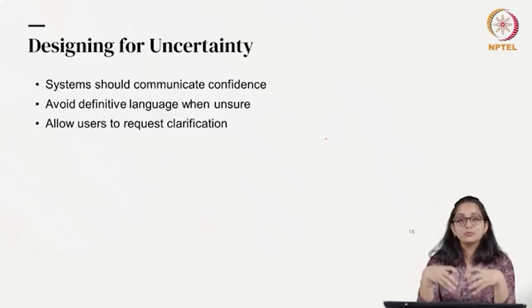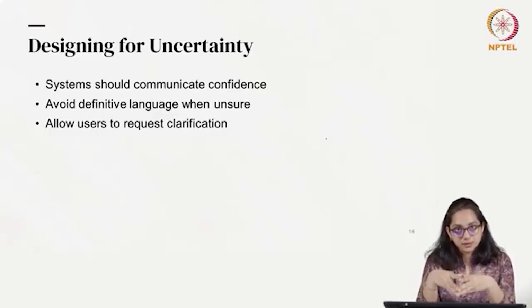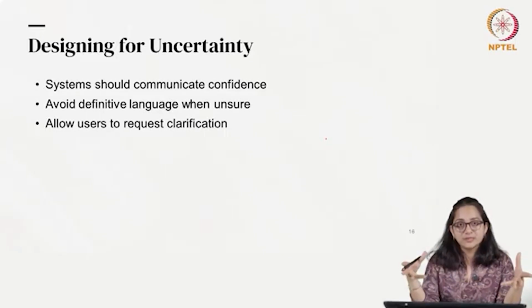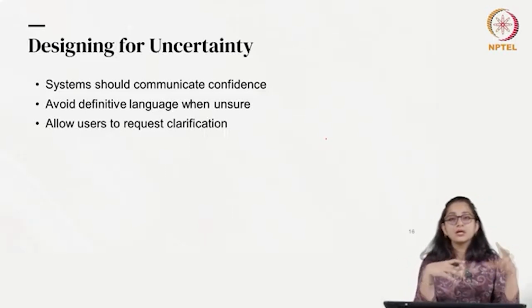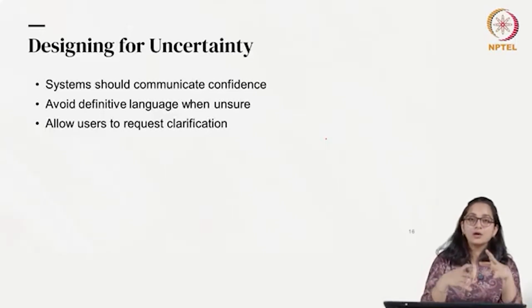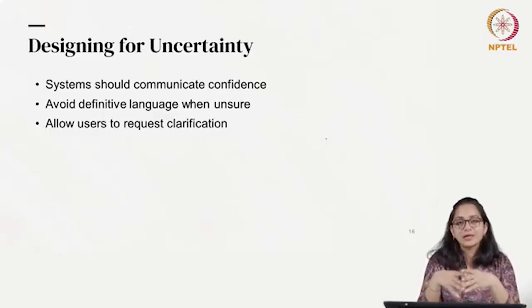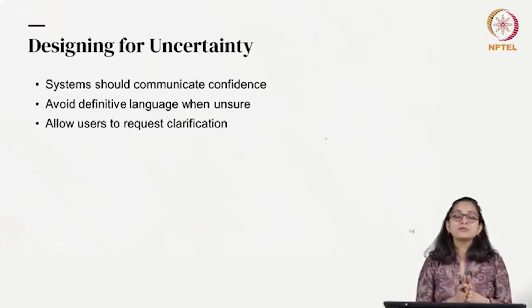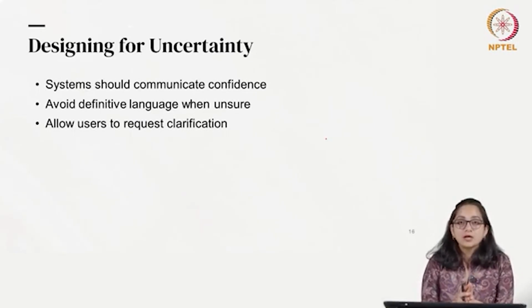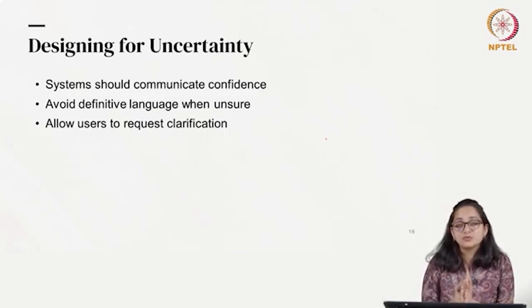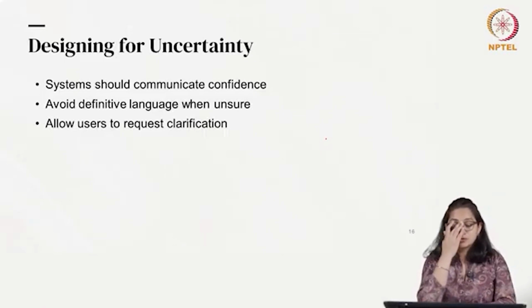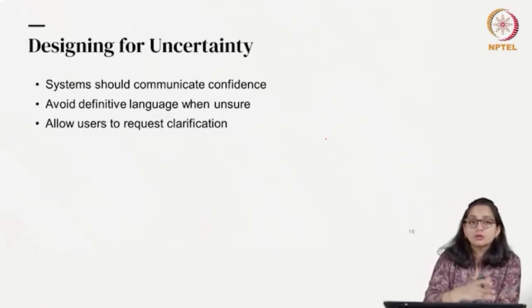So, considering that the background processing is not certain, it's a probabilistic model, right? So, it is just predicting things. So, then as front end, how we can communicate that information and communicate that uncertainty is also something very interesting for designers to take up as a challenge, right? So the systems should not communicate with confidence.